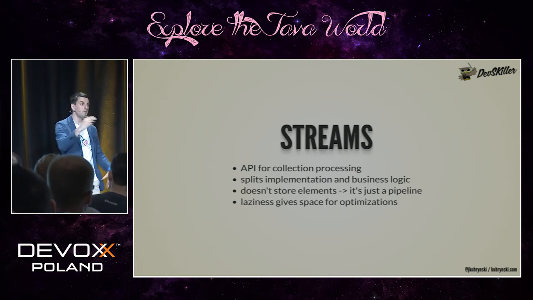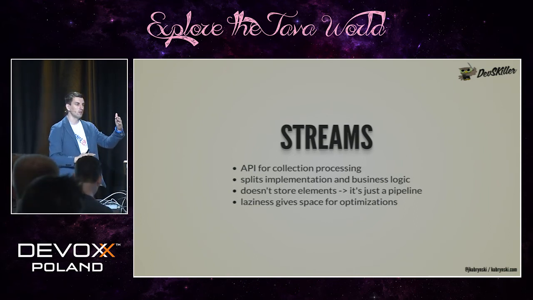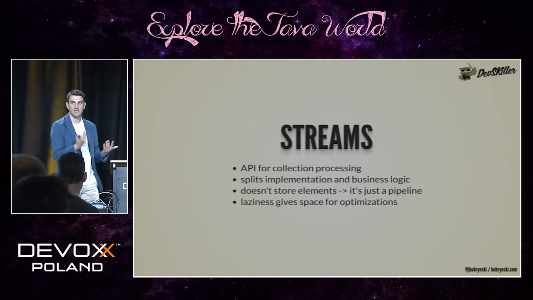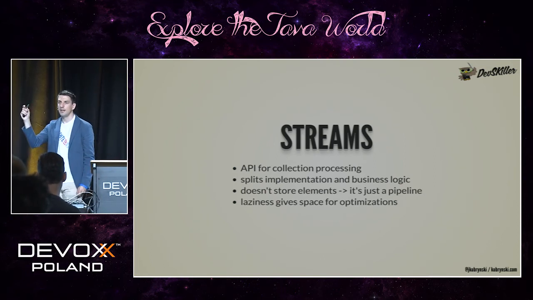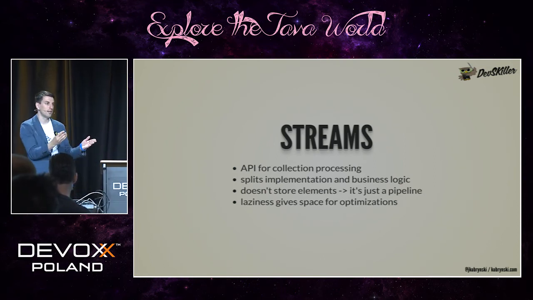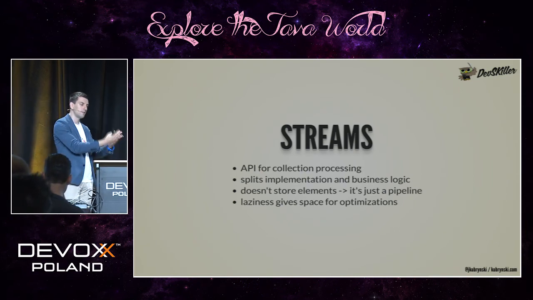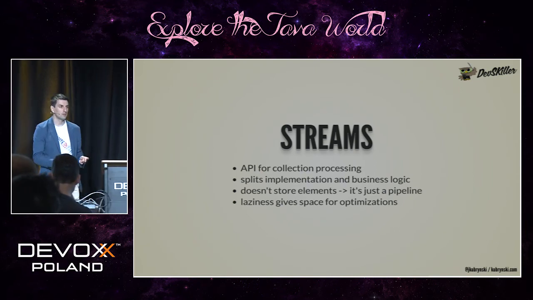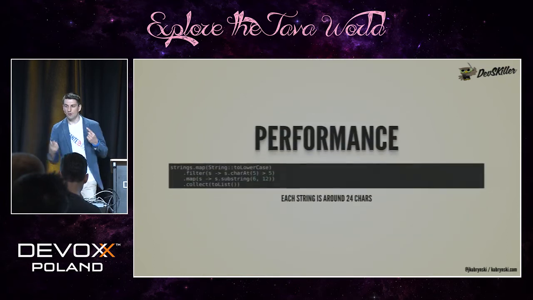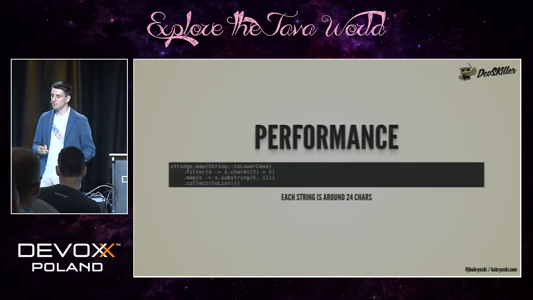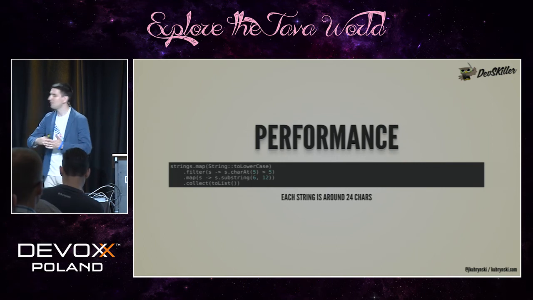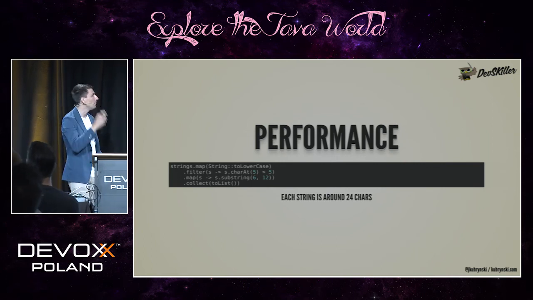Why? Because if you need to filter the whole collection, then convert it to something else, and then you need to get just the first element, it makes no sense to process the whole collection. When I get the first element, I can finish my work. So let's take a look at the performance of streams, because there are many urban legends about stream performance.